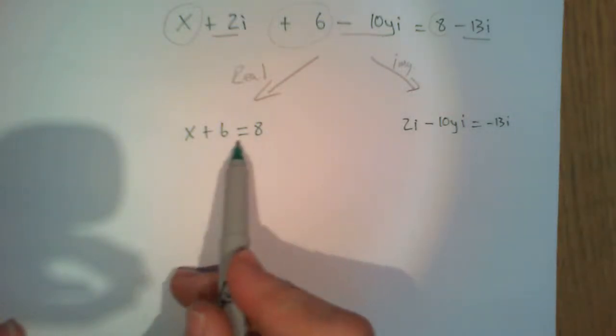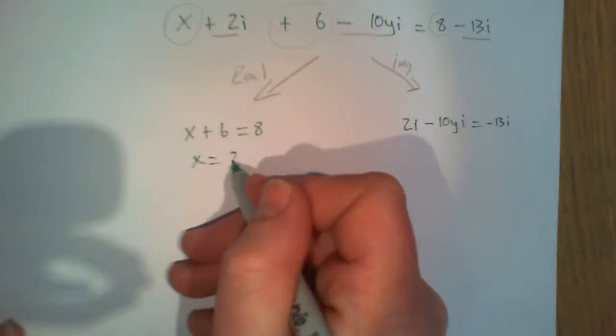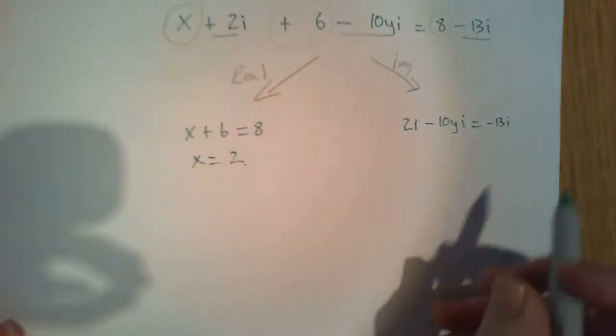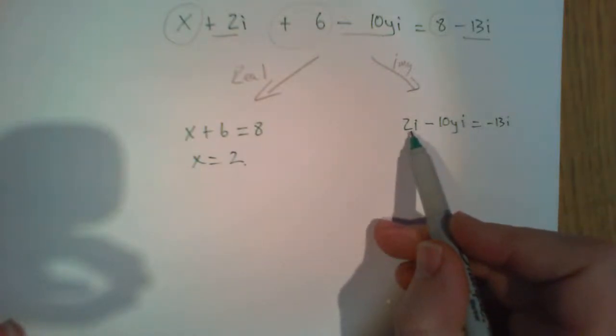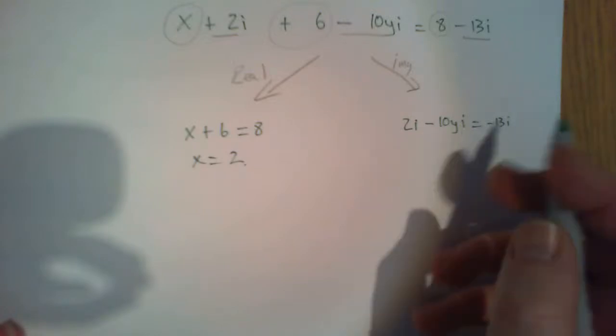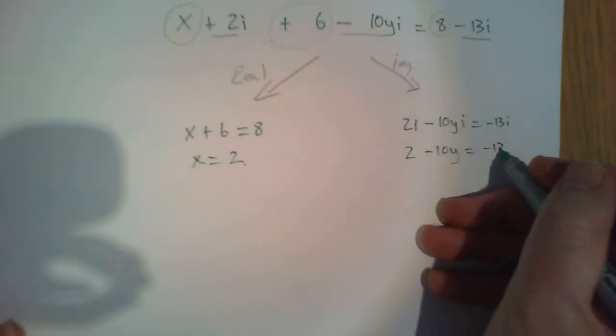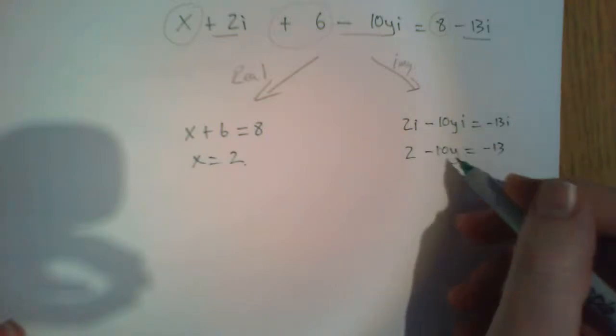So let's solve this side first. I'm going to subtract 6 from both sides, and there's my answer. And on this side, I'm going to pretend, look, everything has an i. So that's the same as this sum. There's no difference between them.